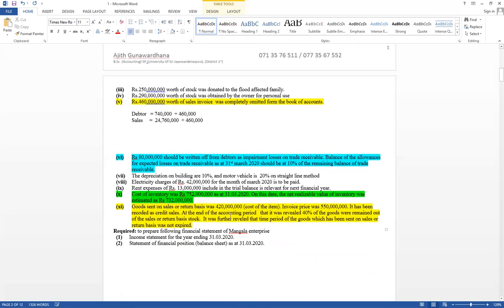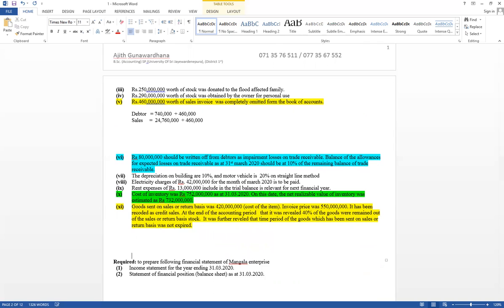Then think about goods sent on sales or return basis. It also affects debtors and sales. It has given goods sent on sales or return basis. It has given the cost value. Important: the invoice price is given as 550,000.